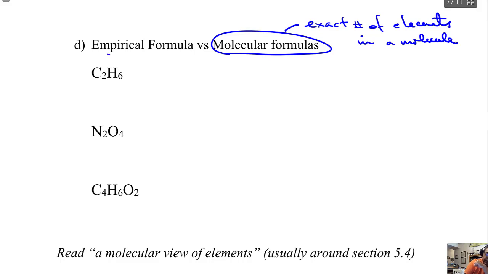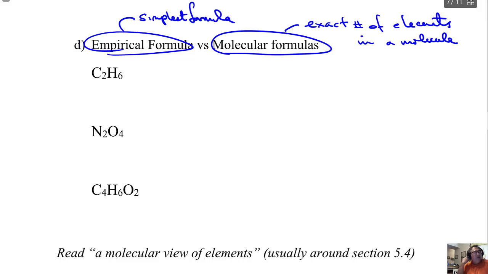An empirical formula is the simplest formula. Empirical comes from how the formulas are discovered: by looking at data. We collect data and we get a formula. That would generally be an empirical formula.